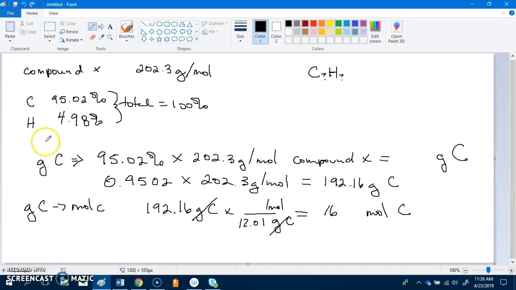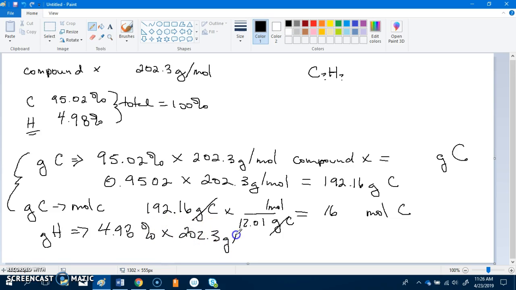And then the next thing is we do the same process, but now for hydrogen. So grams of hydrogen is 4.98% of the total, which is the same as saying 0.0498 times 202.3 grams per mole, which is equal to 10.07 grams of hydrogen.